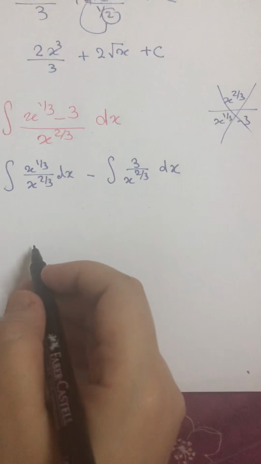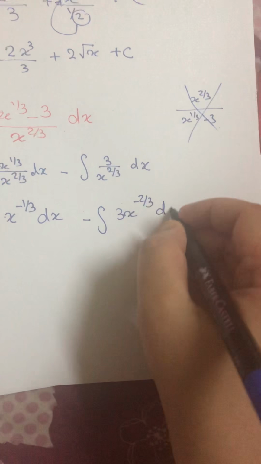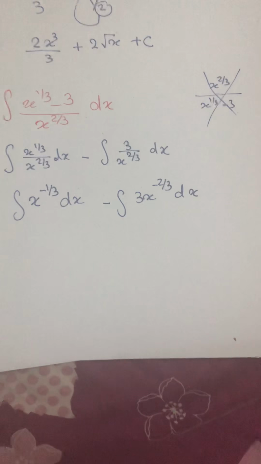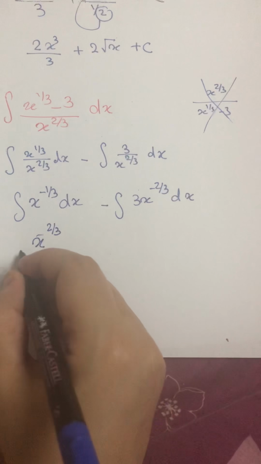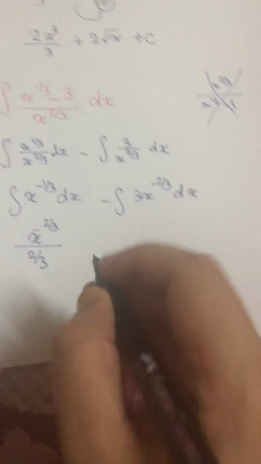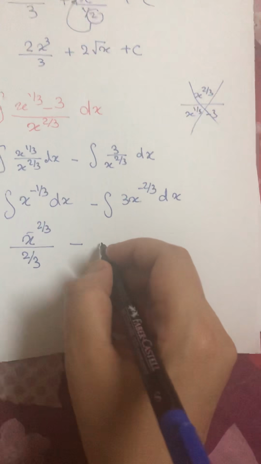I subtracted the powers, and I bring this up just to be able to do my integration steps. Negative 1 over 3 plus 1 will give me x to the power of 2 over 3, divided by 2 over 3, minus 3 times the integral of x to the power negative 2 over 3.